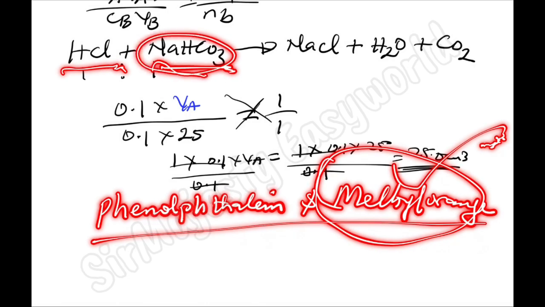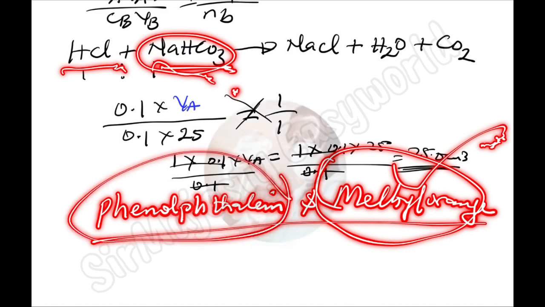So I think Ghana wrote such an exam, HCl versus a mixture of sodium carbonate and sodium hydrogen carbonate. The phenolphthalein can only react with sodium carbonate, but with sodium hydrogen carbonate, phenolphthalein is colorless, because it's an acid salt.